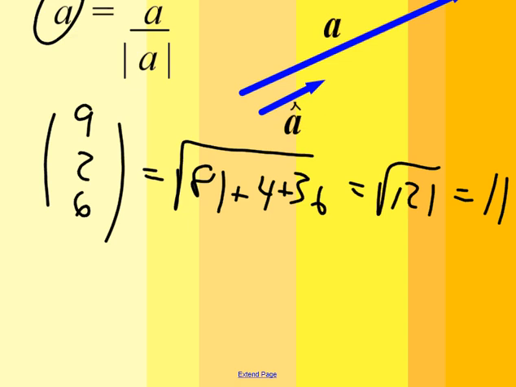So I'm going to say I've got this one that's 11. Don't overthink this now. How do I scale that down to be a unit vector?